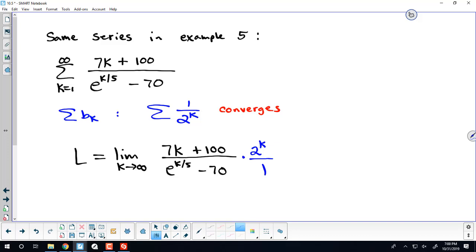What do y'all think, 1? So as far as limits at infinity, we've got our leading term on top. It's dominated by 2 to the k, and the leading term on the bottom is e to the k over 5. So how about that limit?